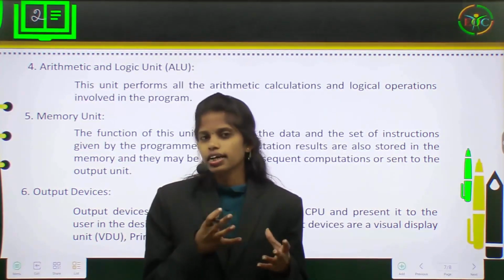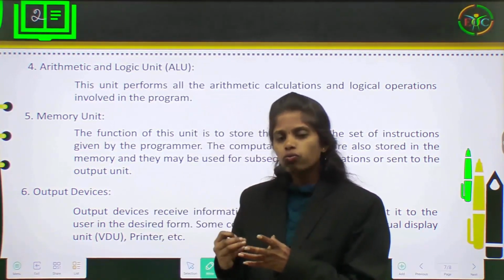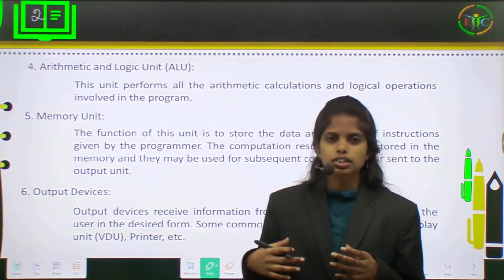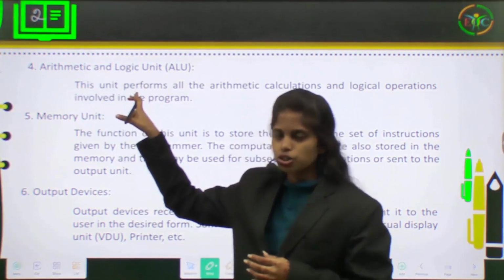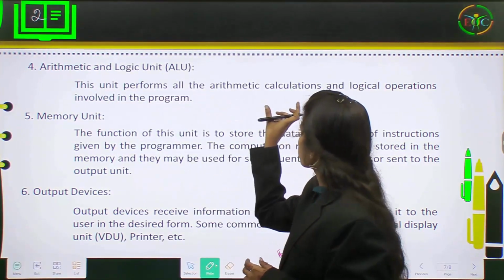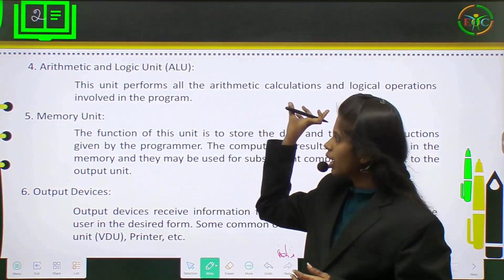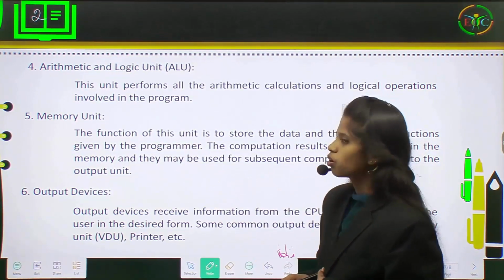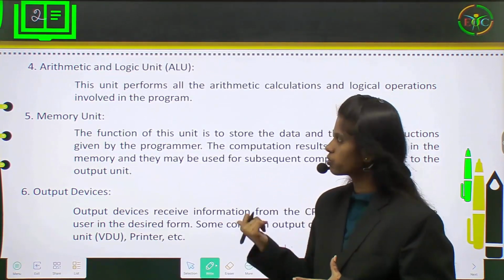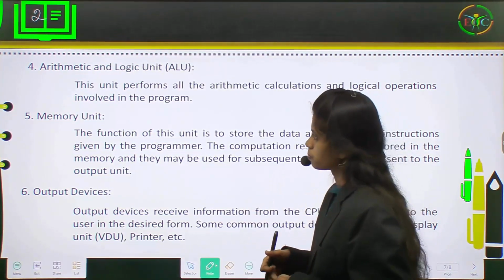For these kinds of instructions, which unit will be used for processing? This is nothing but the arithmetic and logic unit. The arithmetic unit performs the arithmetic calculations and the logical unit is used for performing the logical operations on the instructions present inside the program.